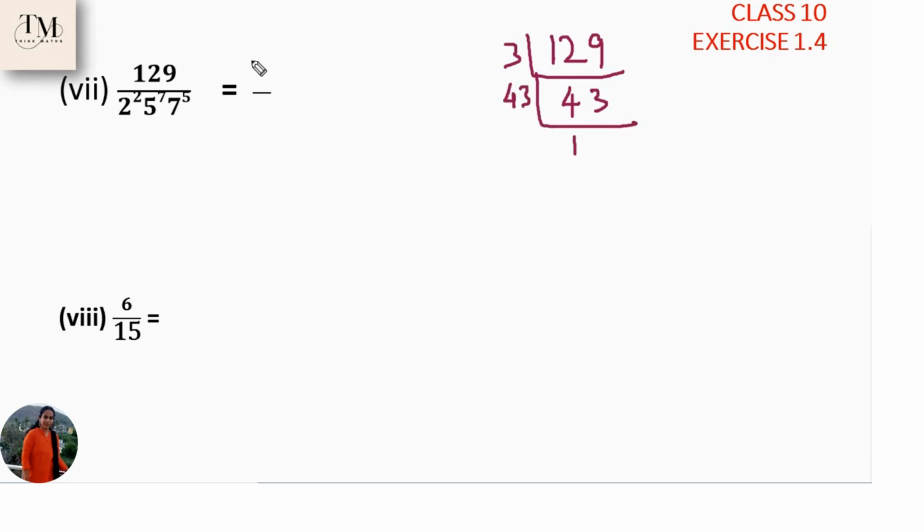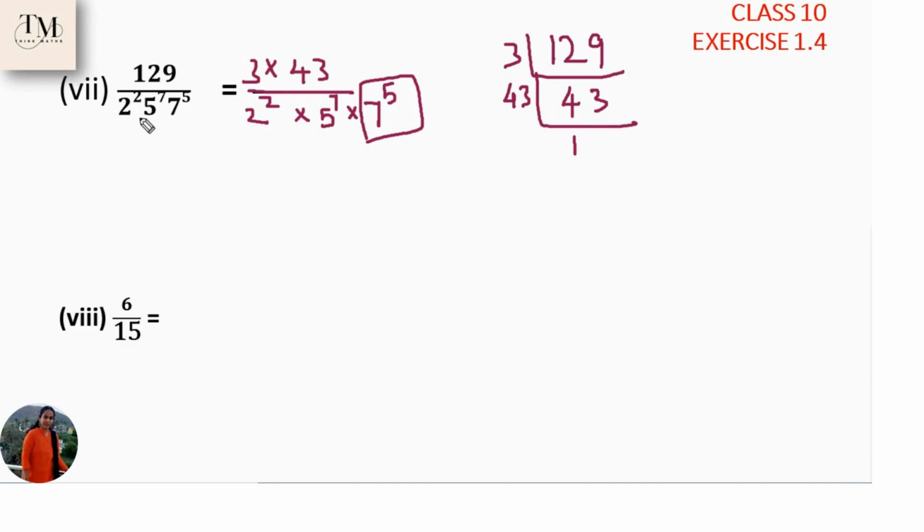So 129 can be written as 3 into 43 divided by 2 power 2 into 5 power 7 into 7 power 5. So here 7 appears. So we cannot say that this rational number has a terminating decimal expansion.